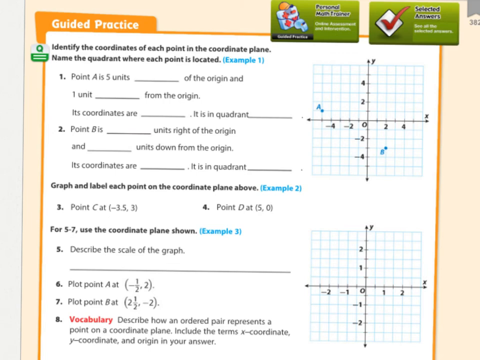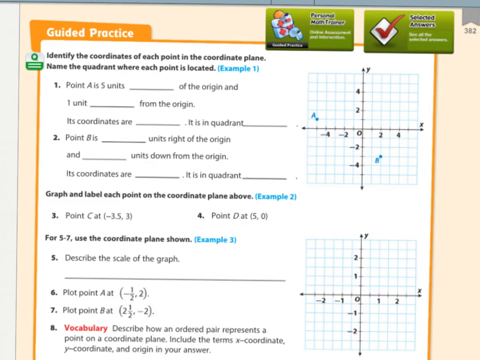Point A, which is right here, is 5 units where of the origin, left or right? It is left of the origin. And then 1 unit up or down? Up. Its coordinates would be -5, +1, and it is in quadrant 2.